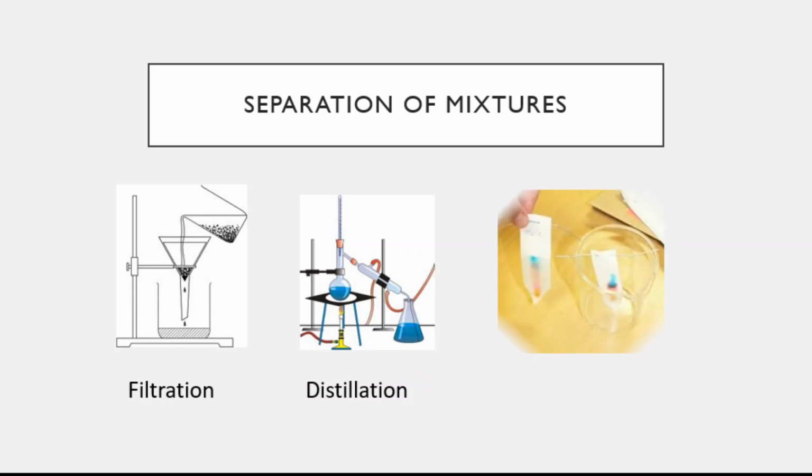And then lastly is chromatography. And chromatography is when you are taking a look at differences in the intermolecular forces of two solutions or substances that are in a solution or in a dye. And as a solvent moves up the paper, what it does is it causes, based on intermolecular forces, components to separate out that you wouldn't typically see.